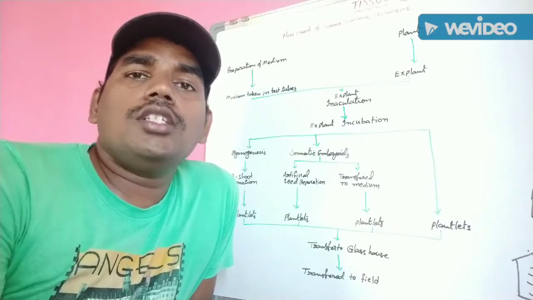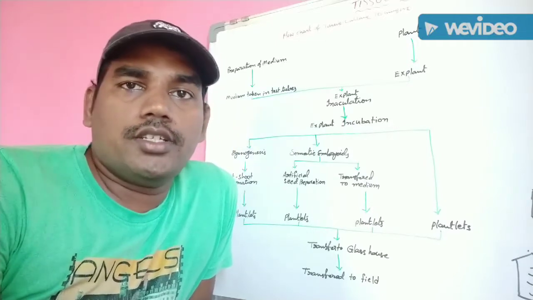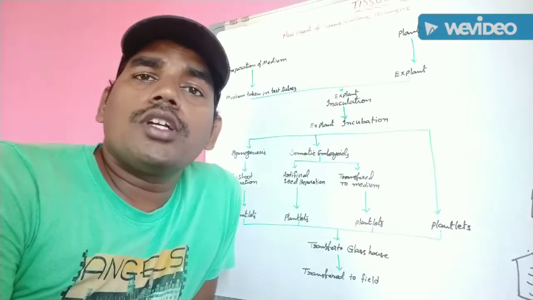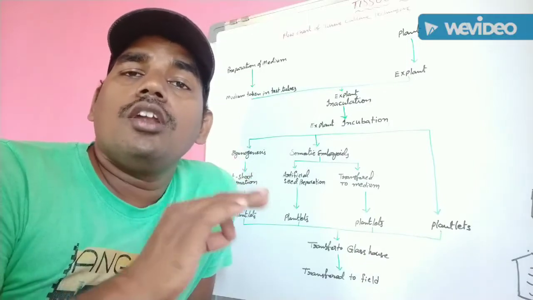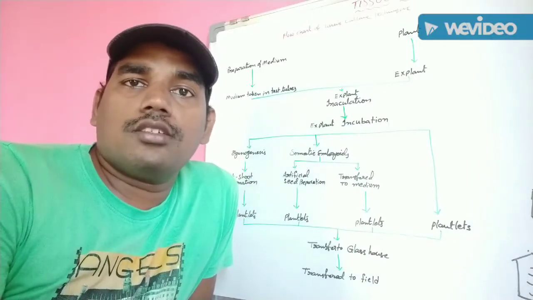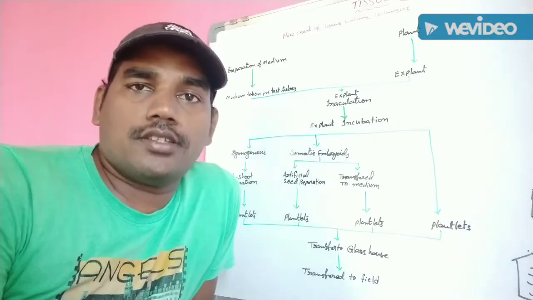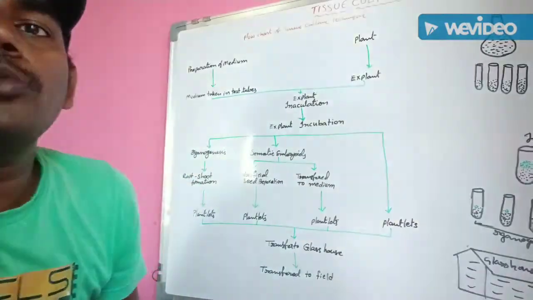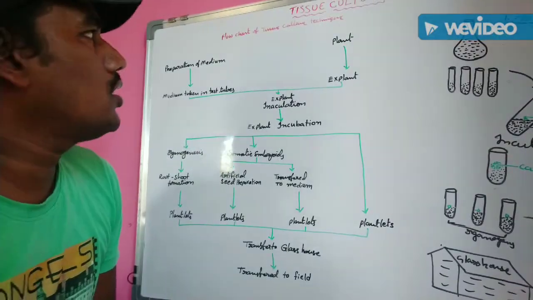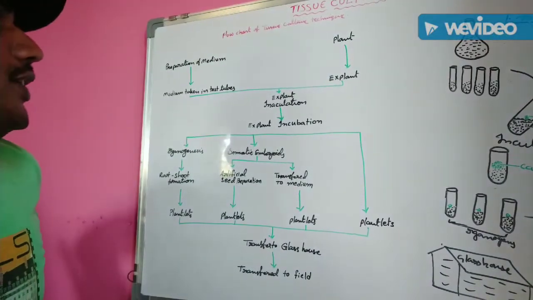Okay. This culture is known as meristematic culture. So with the help of tissue culture, we prepare disease-free plants. Okay. Let us discuss the flow chart of the tissue culture technique.